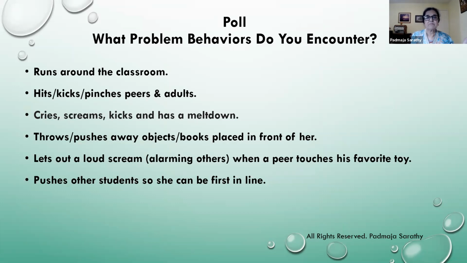Usually it's the adult the student may be working with: cries, screams, kicks, and has a meltdown, pushes away the objects or items placed in front of the student, or the student may let out a scream when another peer touches the child's favorite toy, which usually happens in a preschool classroom, or when another student wants that toy, or maybe as simple as pushing another student who is in line.